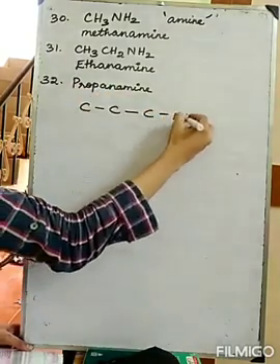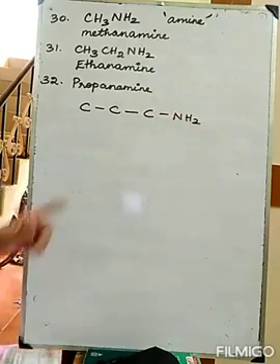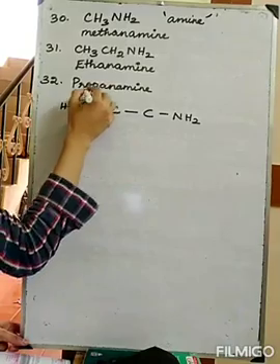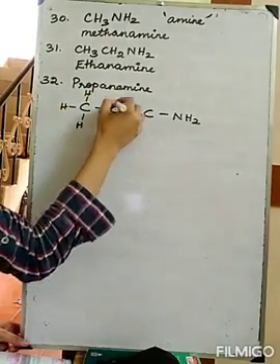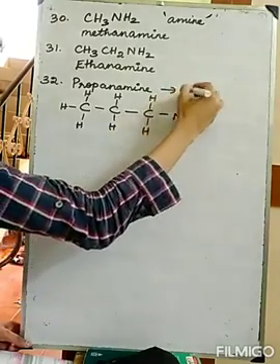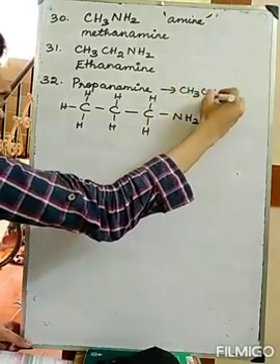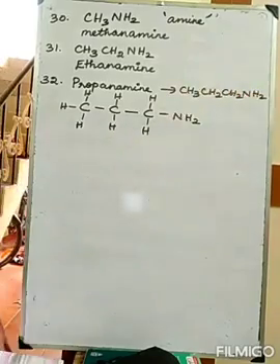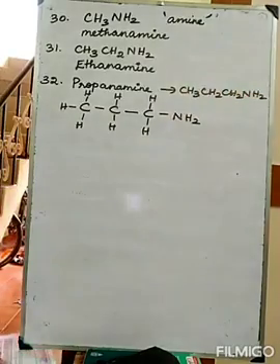Amine means one NH2 group you should add. Remaining you fill with hydrogen. Here 3 hydrogens. Here how many hydrogens? 2. Here 2. So what will be the formula? CH3CH2CH2NH2. So this is the formula for propanamine.